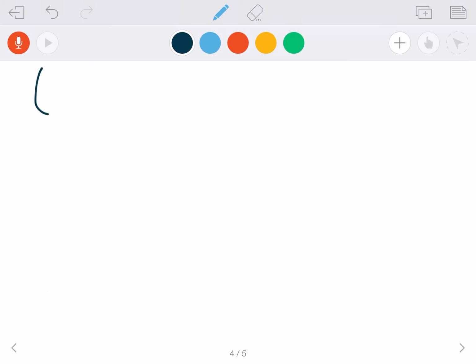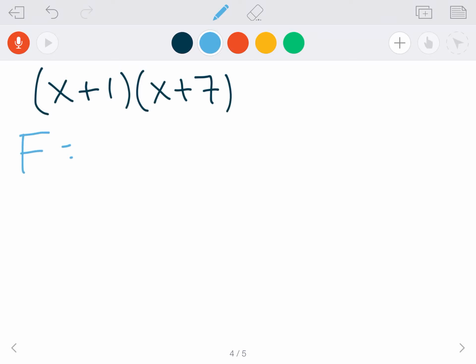So we have quantity x plus 1 times quantity x plus 7. Okay, so let's see. Using FOIL, this is first. We have x times x. And what is that?